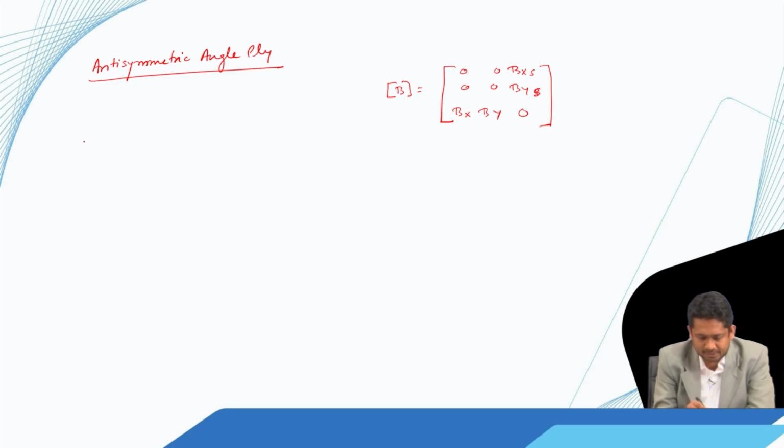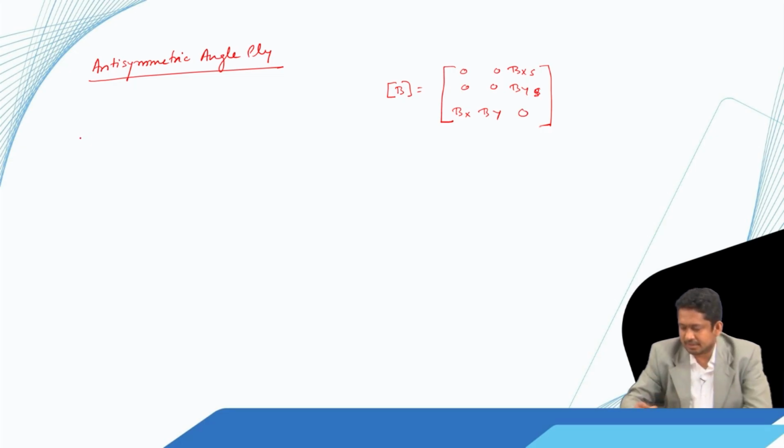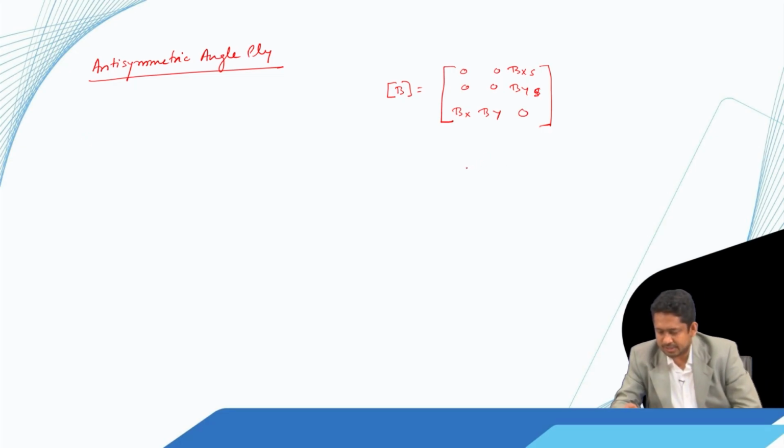For that, again, let us look at a simpler laminate with just 4 layers. So, let us say we have theta here, minus theta here, and we have phi here and minus phi here.